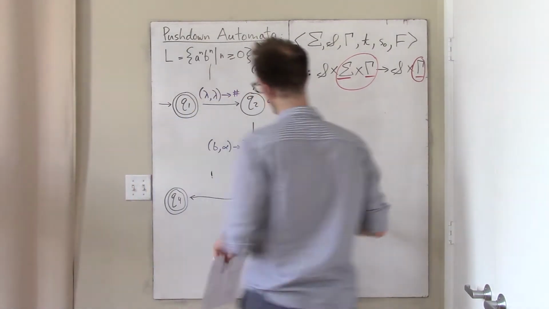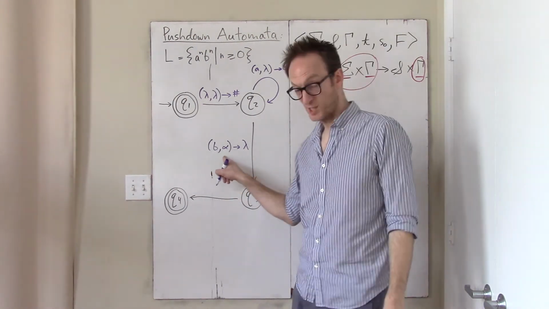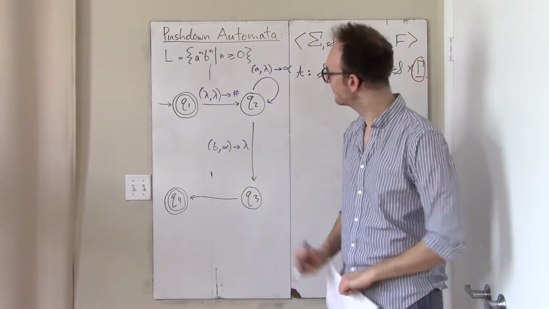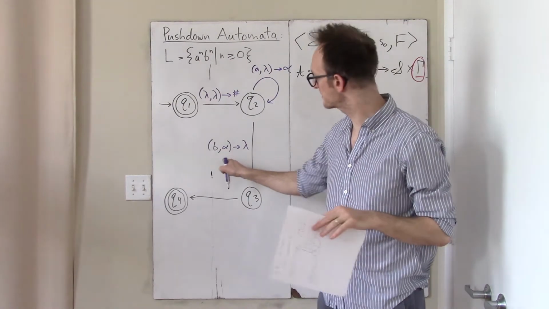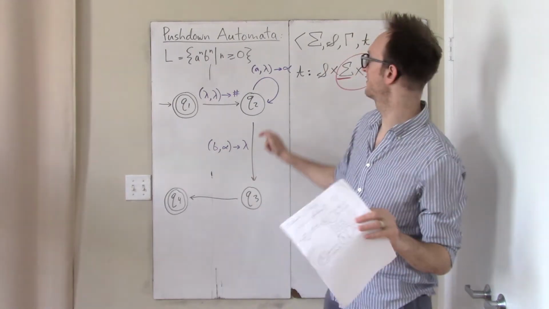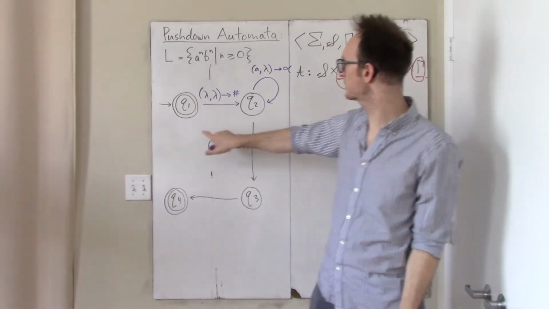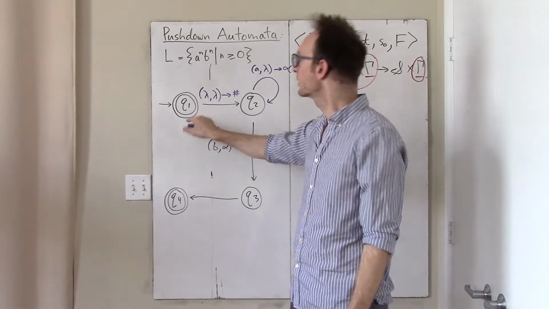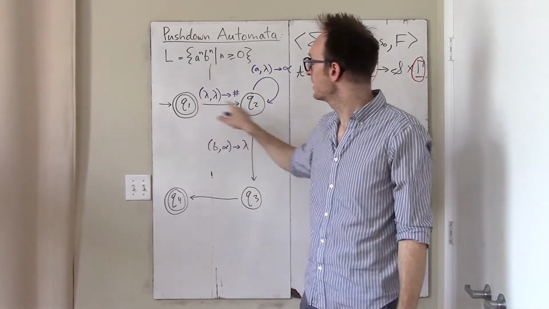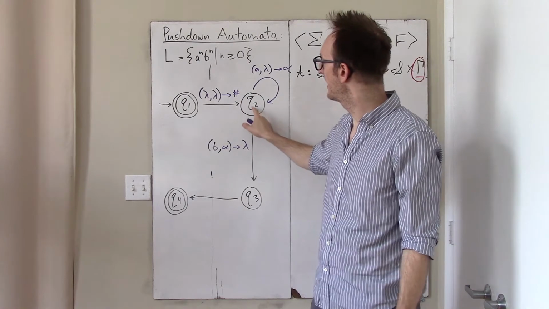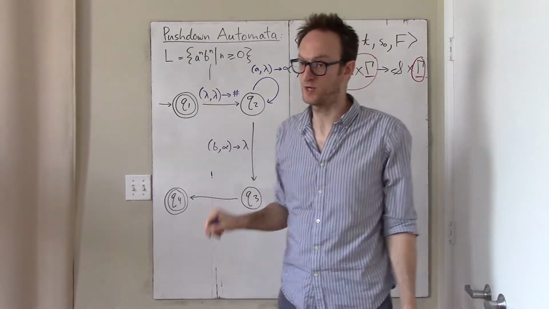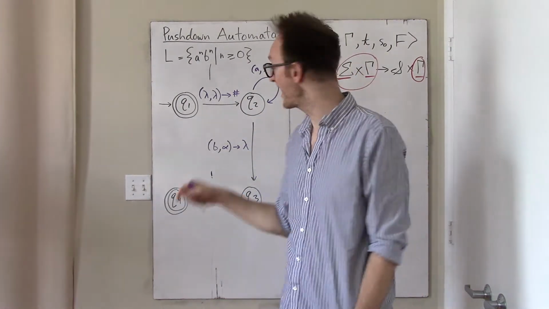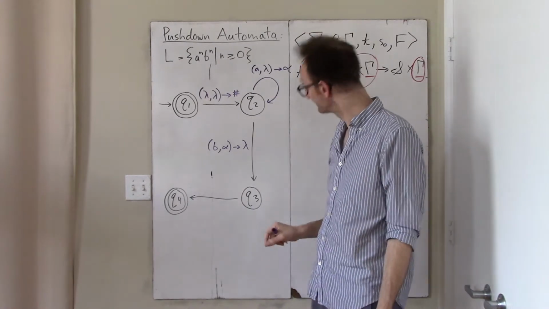Sorry, that was a little bit confusing. That's all true what I said, but in fact we only do this rule once. I sort of misspoke a little bit. We should describe what these states are in words. Q1 is the state of I've done nothing yet. Q2 is the state of I'm reading my A's now. Either I'm about to read my first A or I've been reading A's for a while.